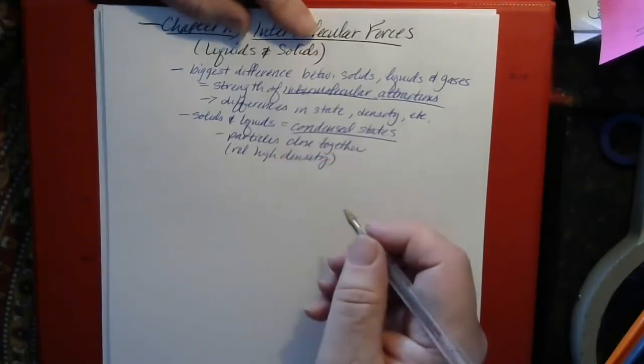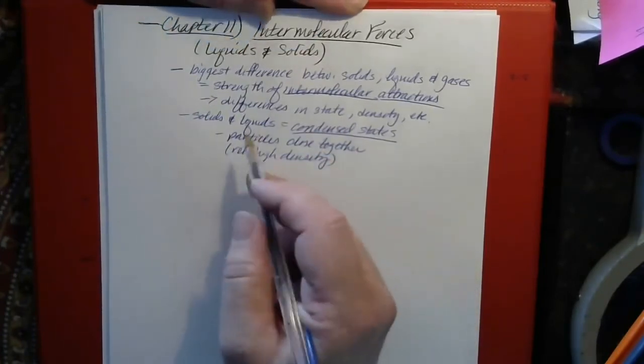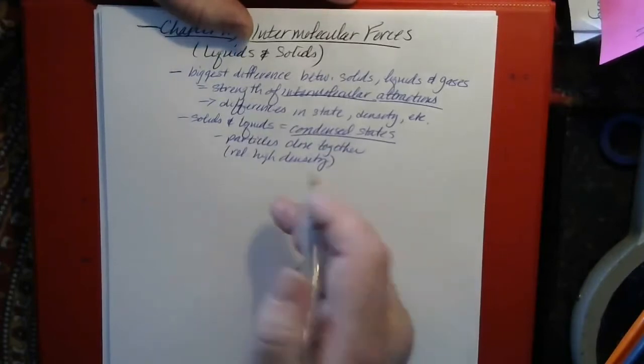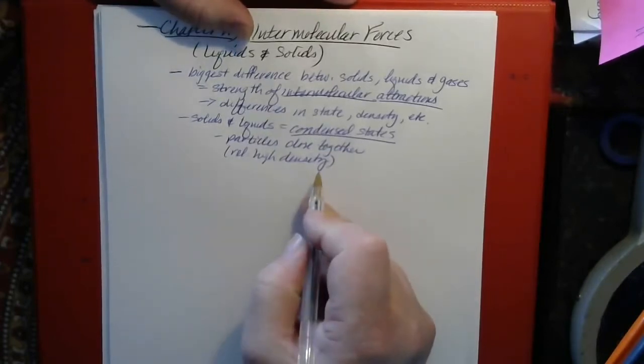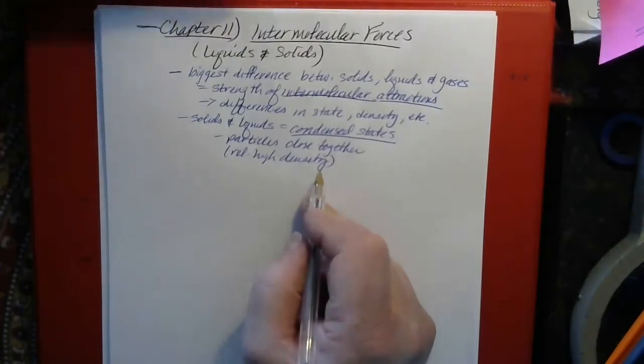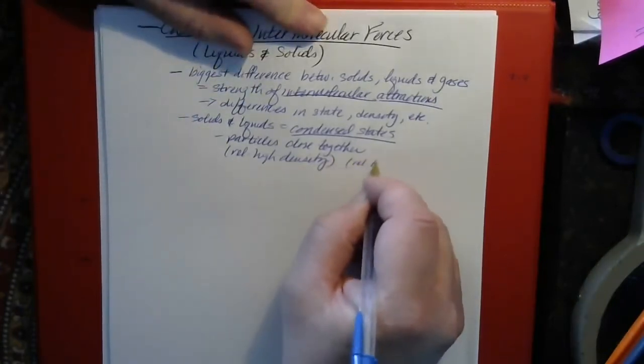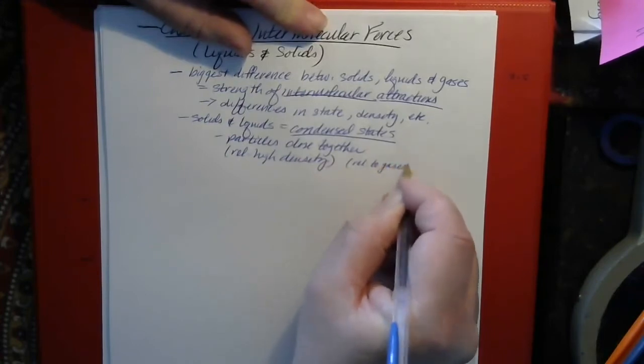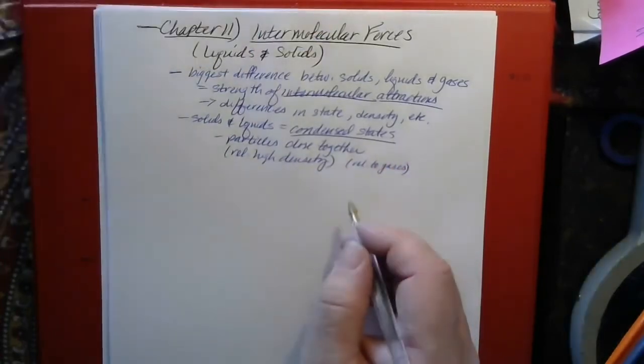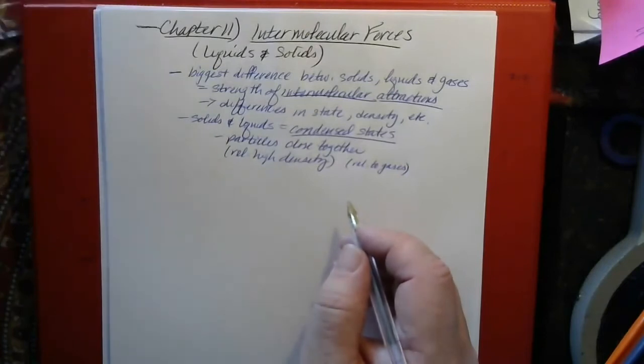Things that are condensed states, like solids and liquids, tend to have relatively high densities, relative to gases. The densities of solids and liquids can vary a lot. There's a very broad range of densities for solids and liquids, but they're all relatively dense compared to gases.